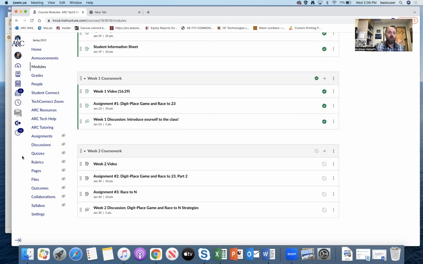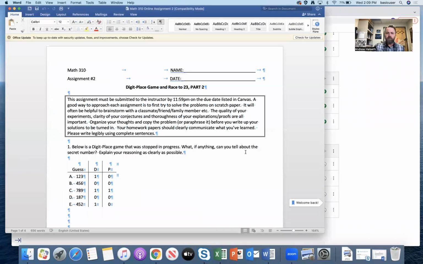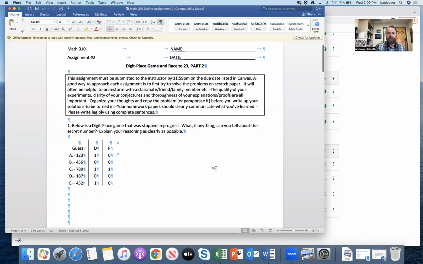Okay, so let me open the first one. There's the assignment number 2. And when you get to number 1, there's kind of a typical test-like question, right? You're going to see a game that's in progress or already has been played, and now you want to try to guess the number or tell me what you think the number could be.